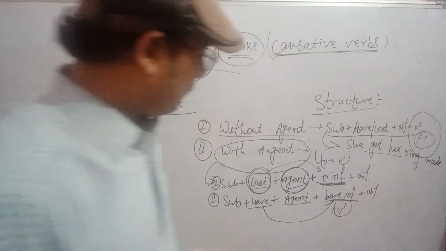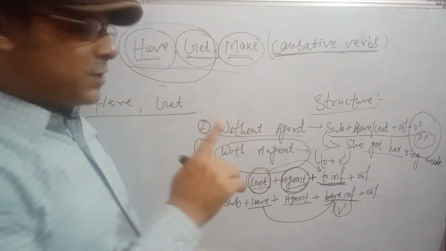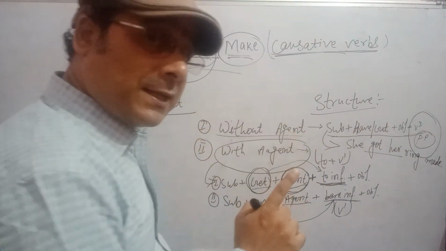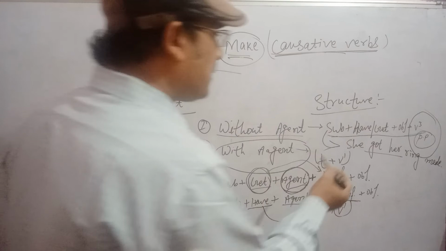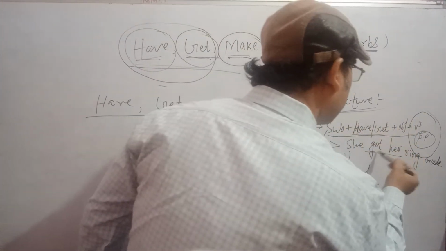No, the agent is not mentioned here. So if the agent is not mentioned in the sentence, we use have or get in this structure.